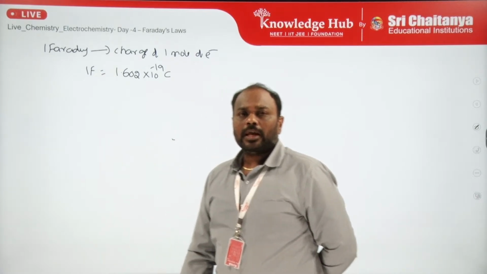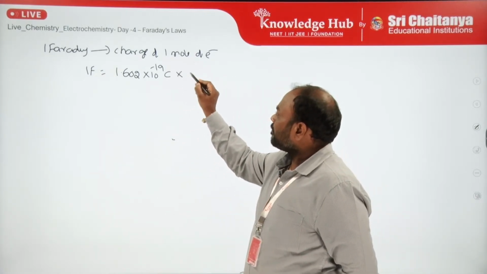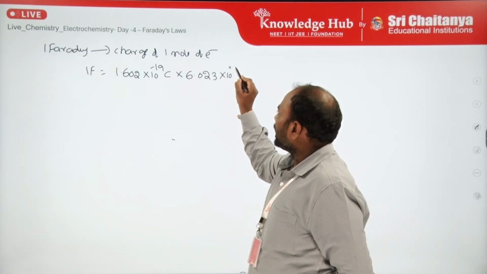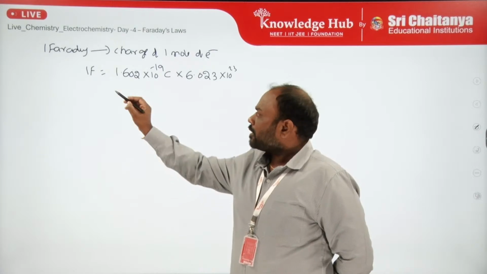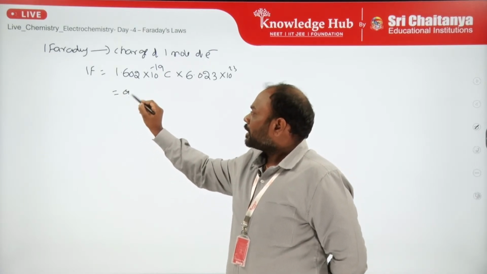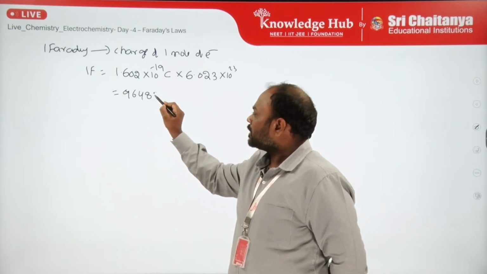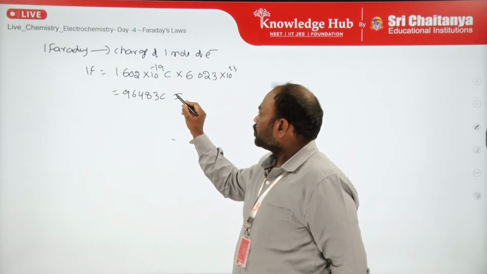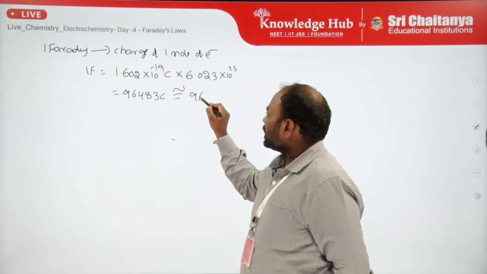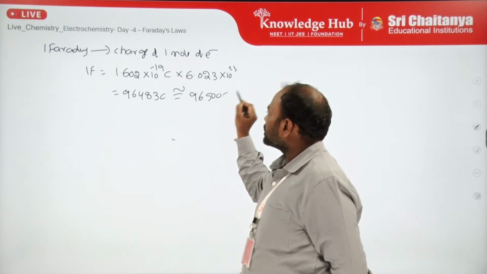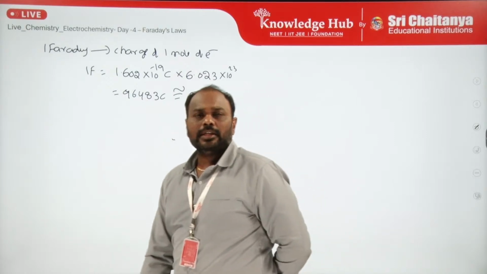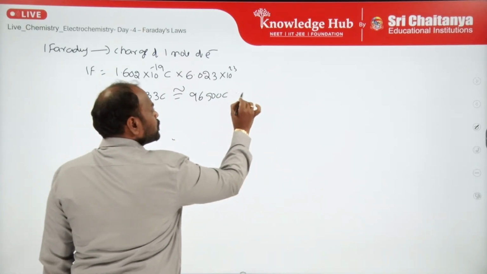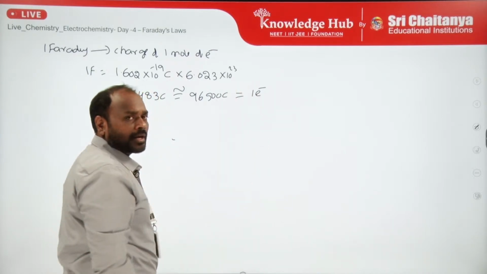In 1 mole, how many electrons are present? That is the Avogadro number, 6.023 into 10 power 23. By calculation of this, we get 96,483 coulombs. But for our convenience, this value is written as 96,500 coulombs. So 1 Faraday is nothing but 96,500 coulombs, which is equal to the charge of 1 mole of electrons.